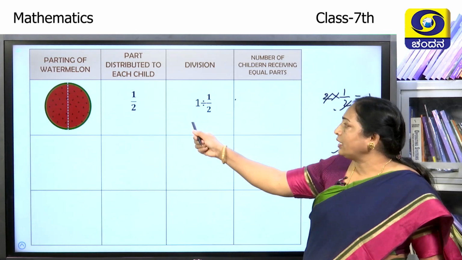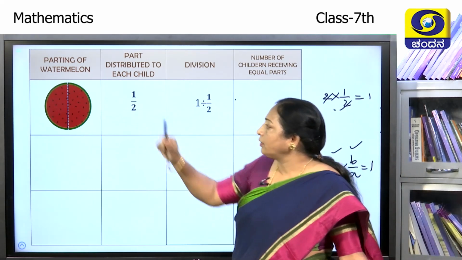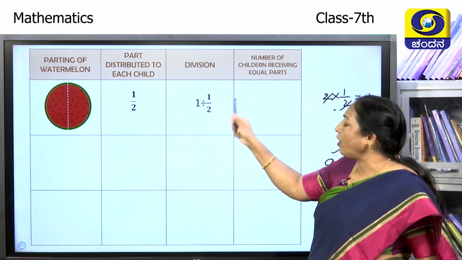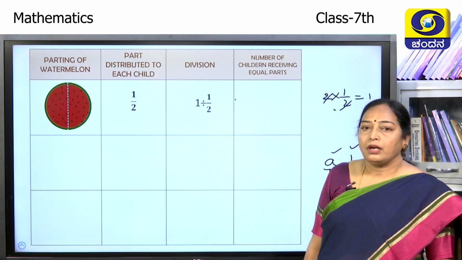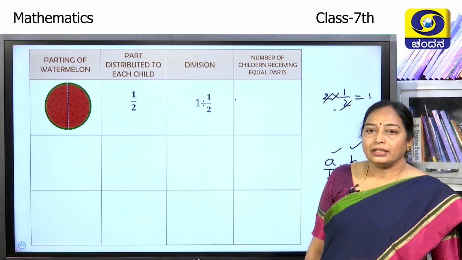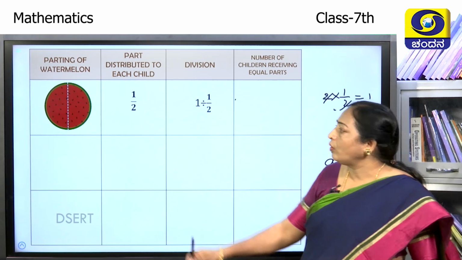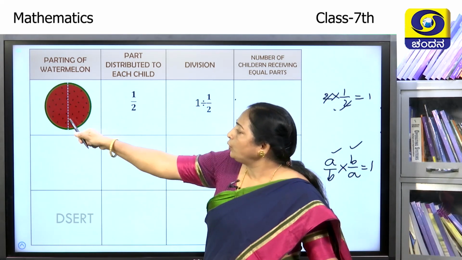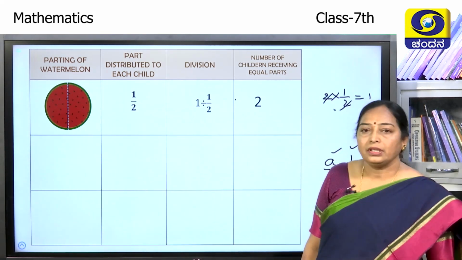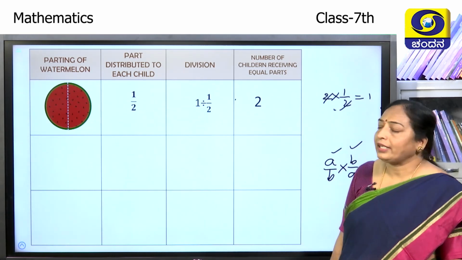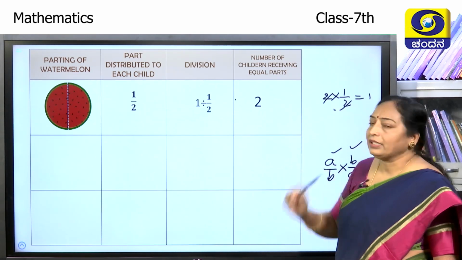Here the whole watermelon is divided by half. How many children will get half parts equally? 1, 2. 2 halves. Therefore, 2 children will get half parts equally.